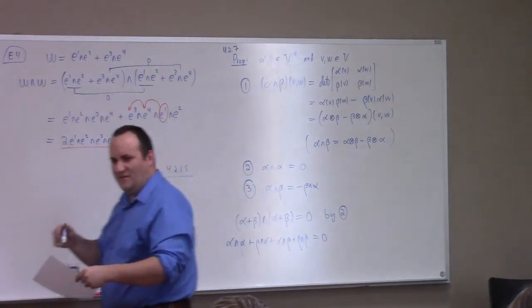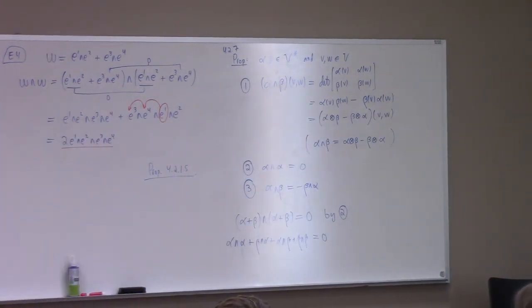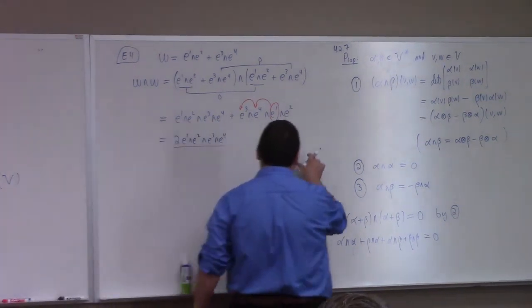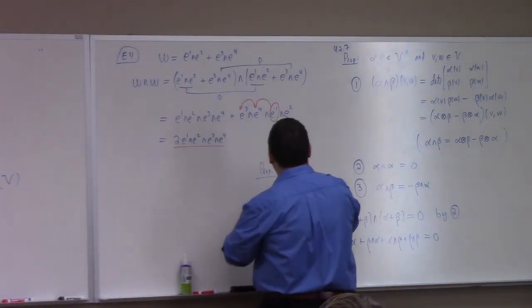That's something else entirely. Goodness gracious. 4.2.8 is what I was looking for, which is the one after this. Oh well. So I still lose, but if we had this, it would be really easy to prove that.